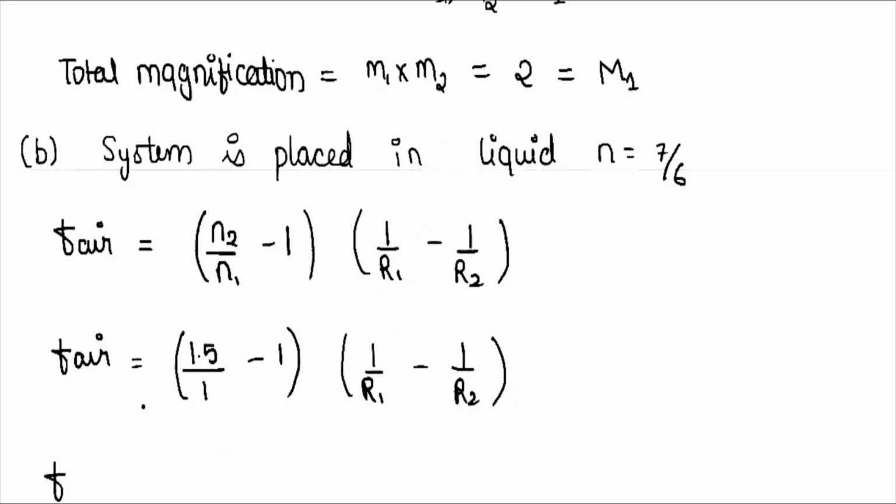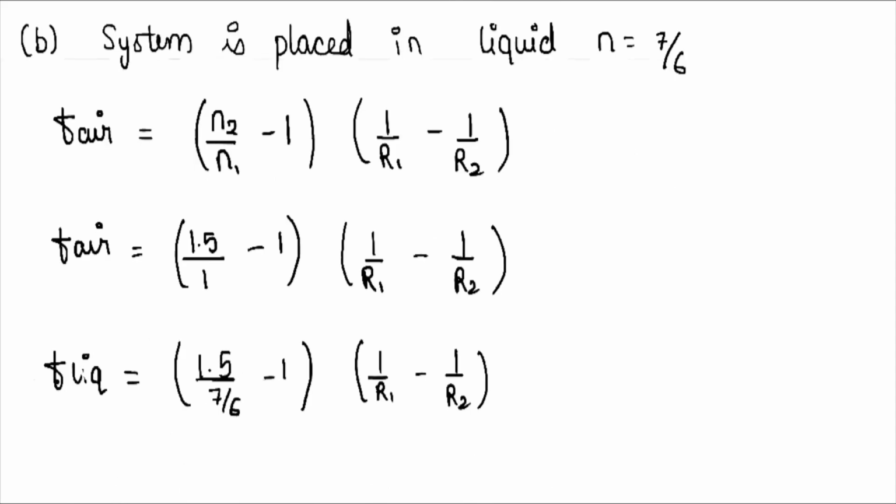But first we have to write f for liquid, because we have changed the medium. So our n1 will change to 7 by 6 now. So it will be 1.5 by 7 by 6 minus 1, and our r1 and r2 will remain as they are. Now we have to find f liquid, and we know f air, so we take their ratio.